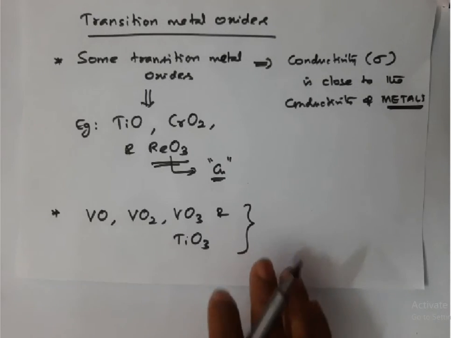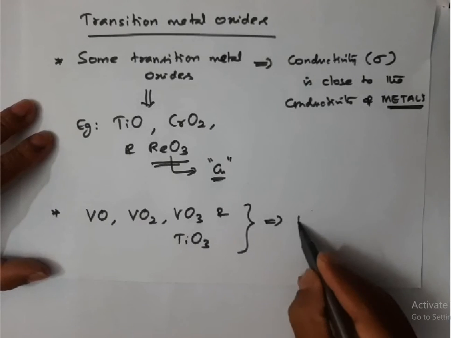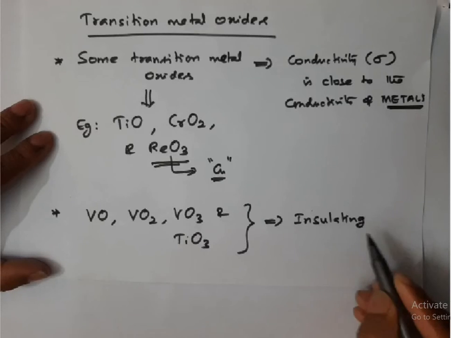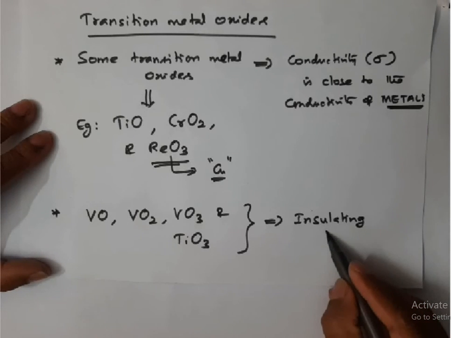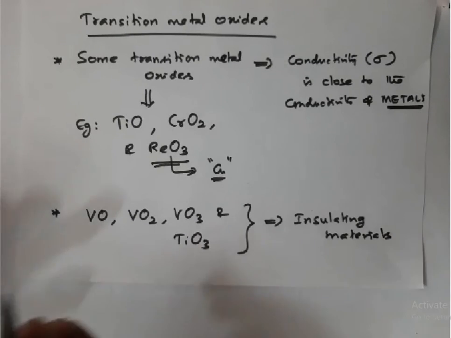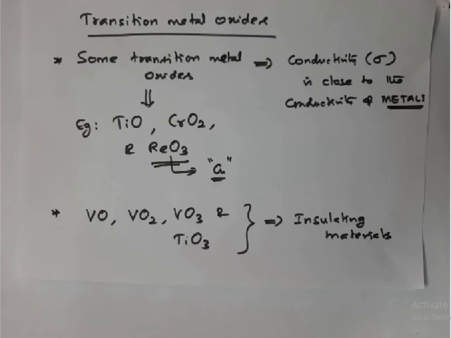They are used as insulating materials. They have insulating property, so we use them as insulating materials for some devices. This is another important point you should keep in mind.